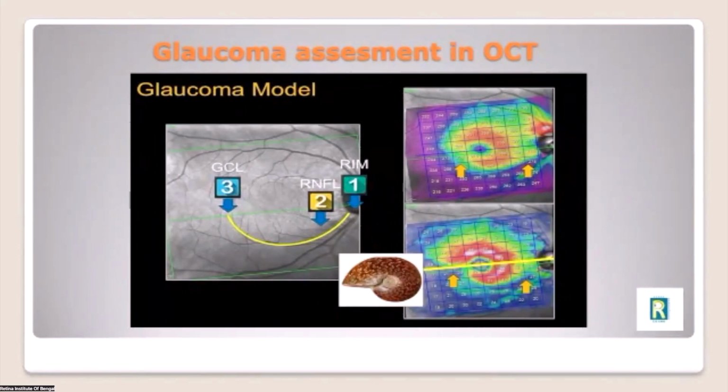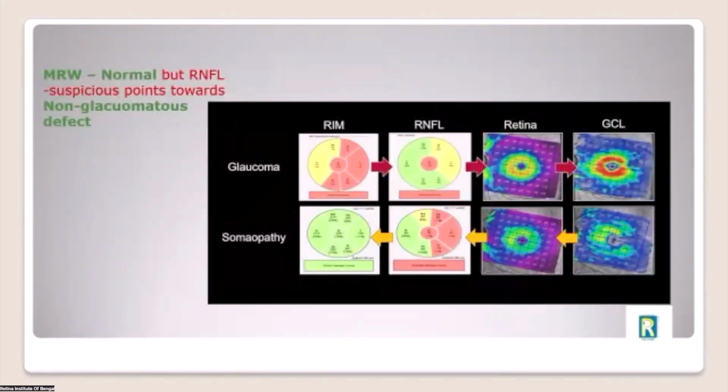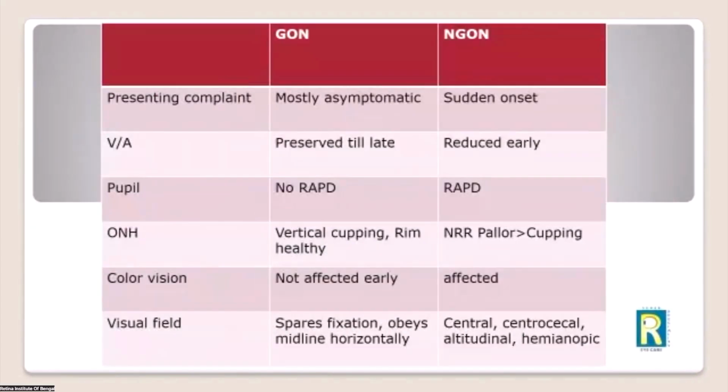As you see, you can compare this glaucoma assessment again, whether these things are present or not. And lastly, this is the basic theory of how you differentiate glaucoma from non-glaucomatous defect. In glaucoma, the visual acuity deterioration is not as marked as in non-glaucomatous defect. The color vision is also not that much affected in glaucoma, unlike non-glaucomatous defect.